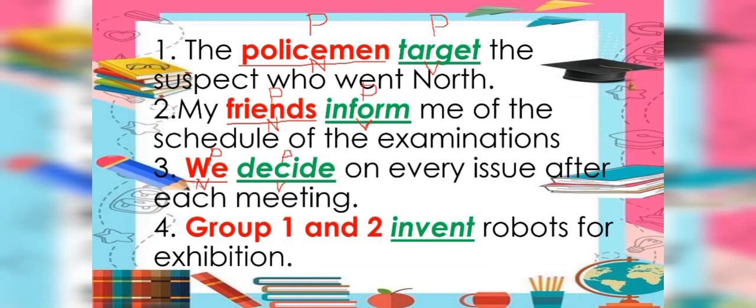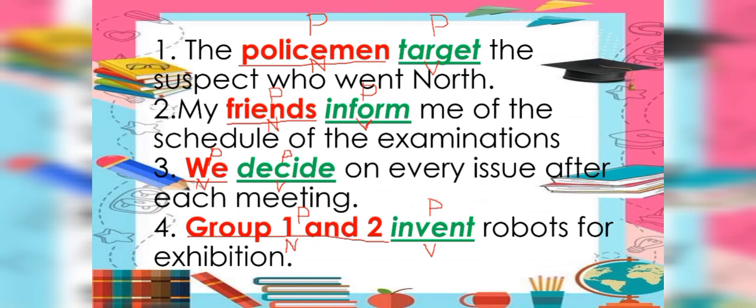For number 4, Group 1 and Group 2 is the doer of the action, or this is our noun, and this is in a plural form of the noun. And the verb we use is the verb invent. As you notice, the verb is without s, so it is in a plural form of the verb.